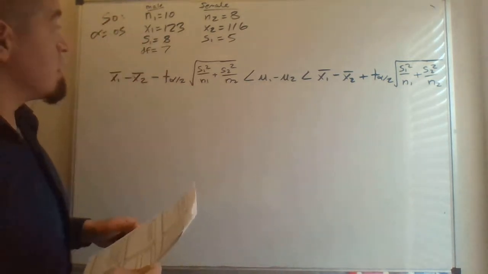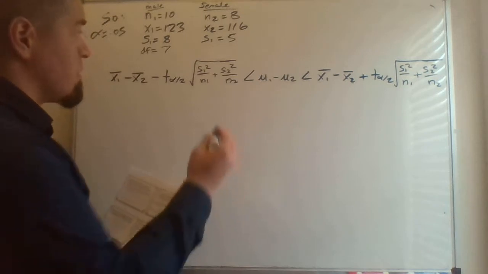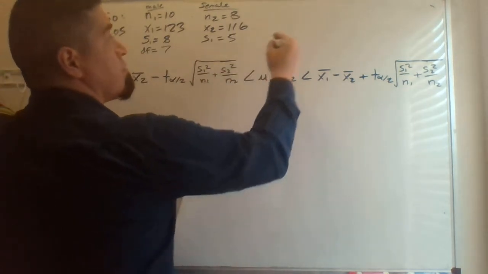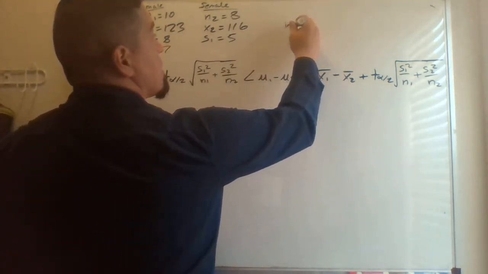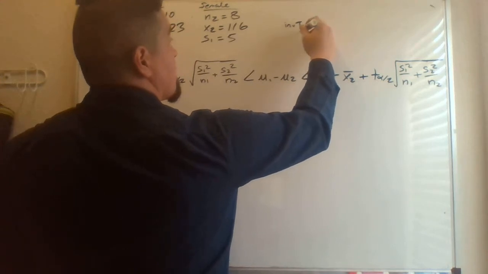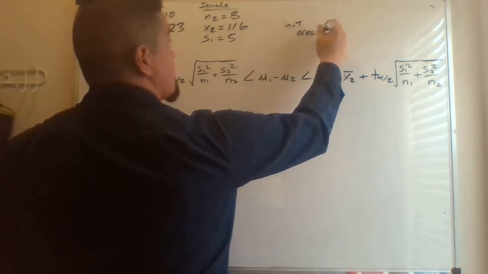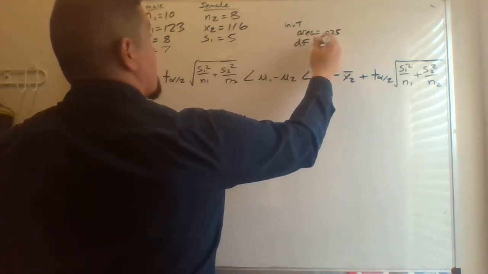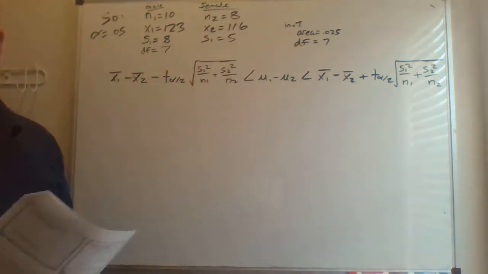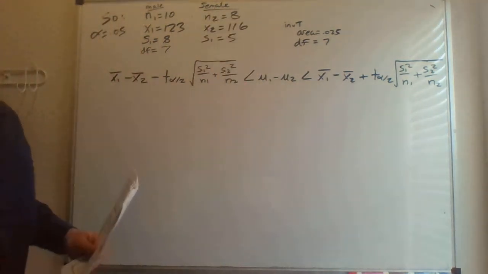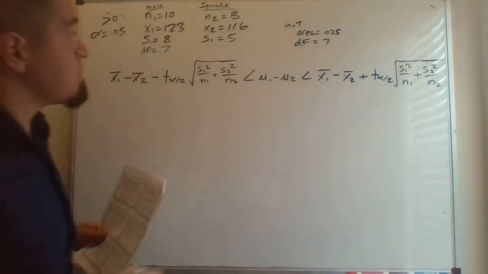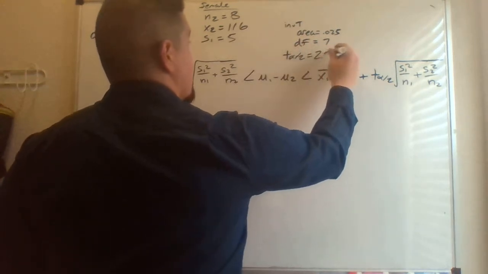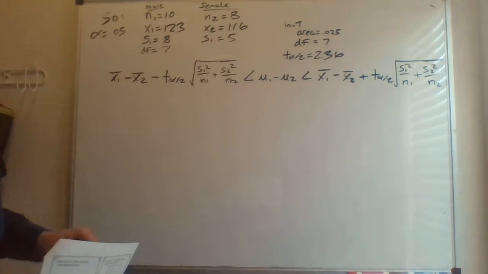Using the same information, with a 95% confidence interval, alpha would be 0.05, so alpha over 2 would be 0.025, so we'd still need to do inverse t of area 0.025 with the same degrees of freedom, which is 7 from the smaller of the two. We already did this, although I erased it. It's negative 2.36. In other words, t alpha over 2 is positive 2.36 by symmetry, because we want the positive t alpha.